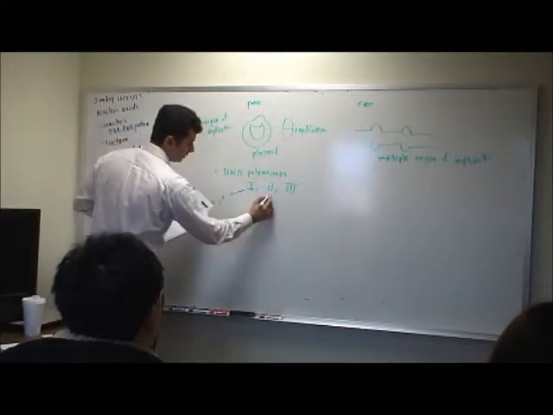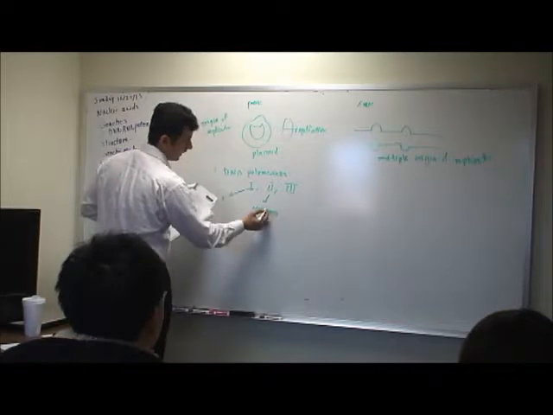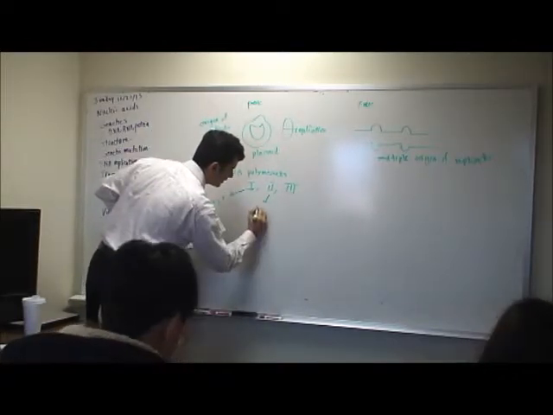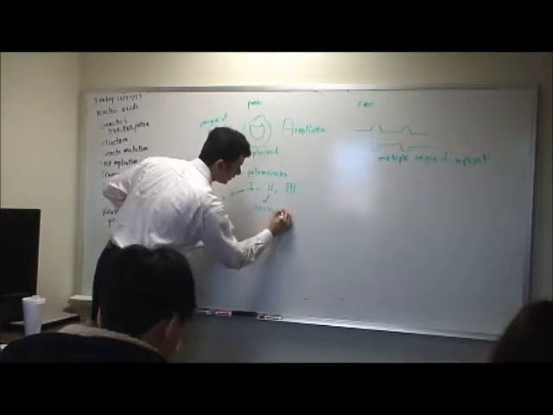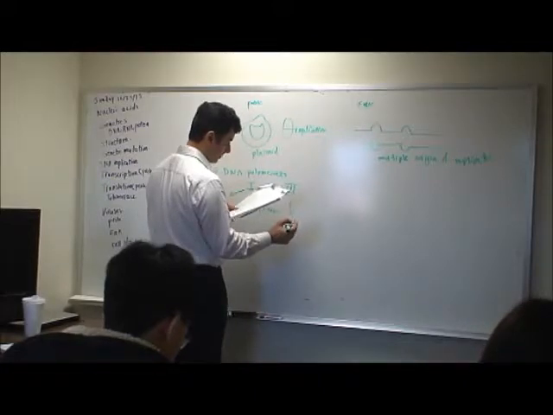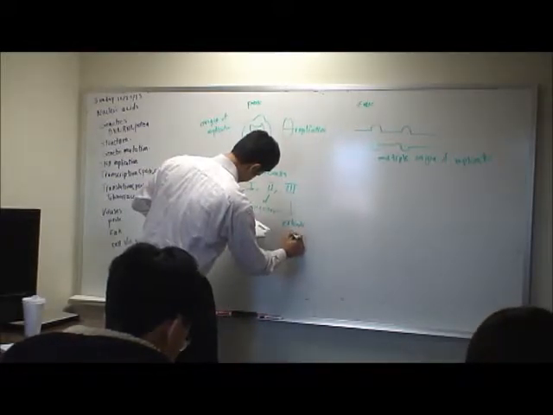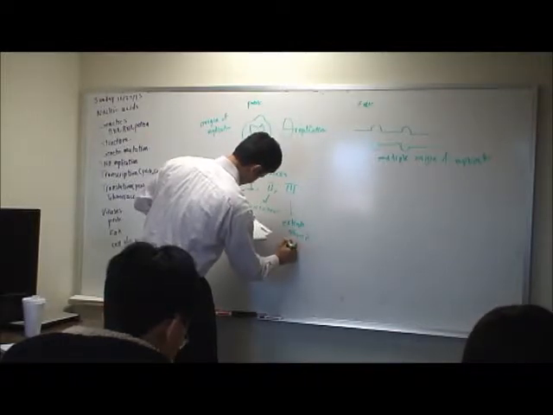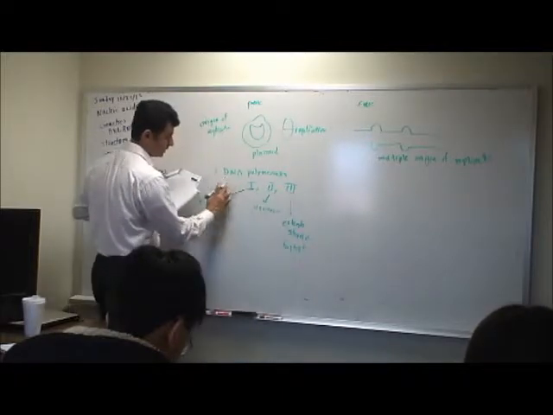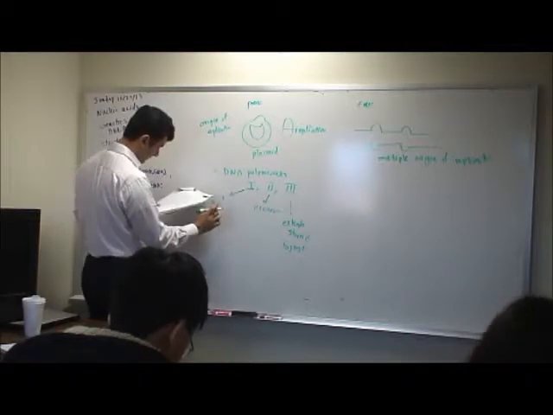And DNA polymerase 2, the function the book says is unknown. They haven't come up with something to explain what DNA polymerase 2 is. And DNA polymerase 3 extends the strand, and it's the fastest, complementary to this.